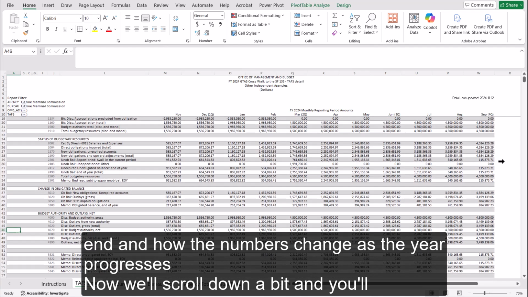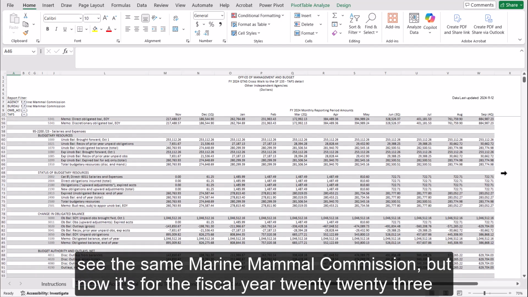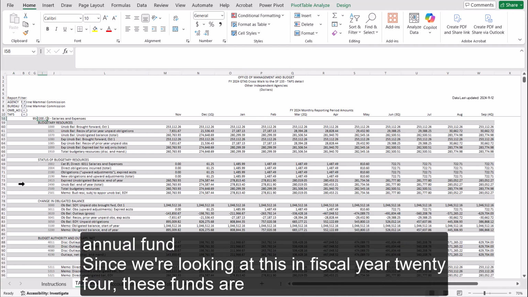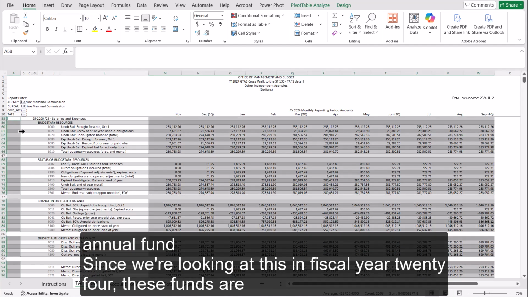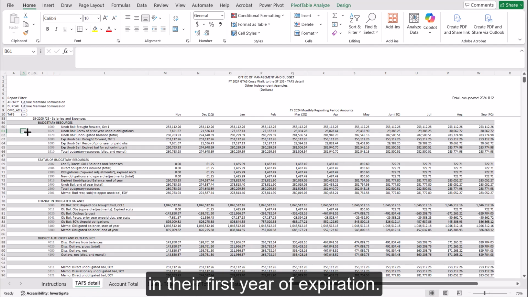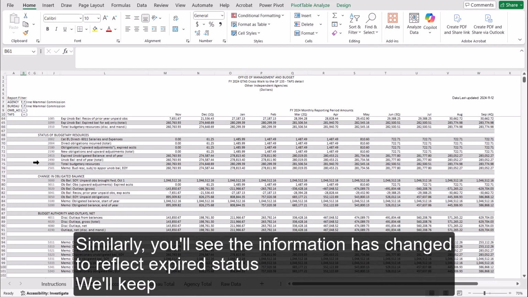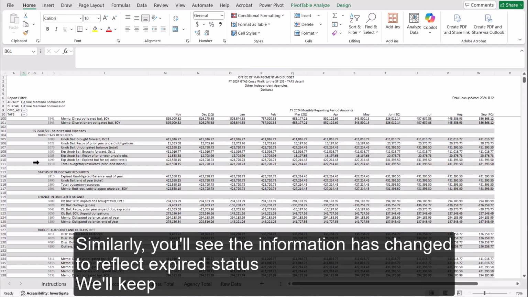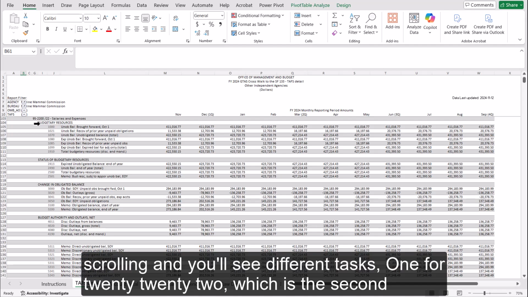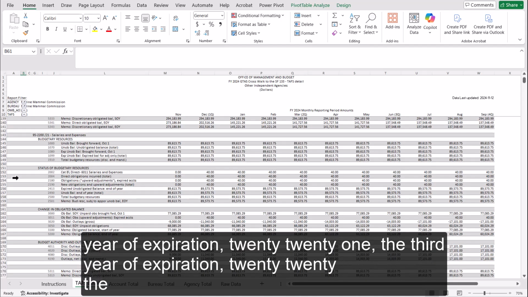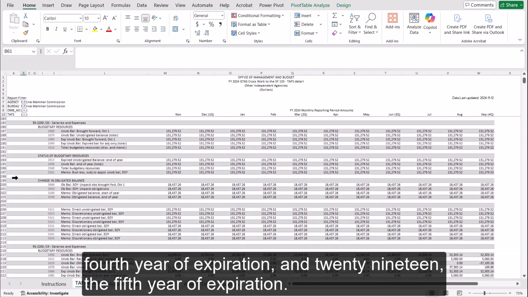Now we'll scroll down a bit and you'll see the same Marine Mammal Commission, but now it's for the fiscal year 2023 annual fund. Since we're looking at this in fiscal year 24, these funds are in their first year of expiration. Similarly, you'll see the information has changed to reflect expired status. We'll keep scrolling and you'll see different TAFS. One for 2022, which is the second year of expiration. 2021, the third year of expiration. 2020, the fourth year of expiration.